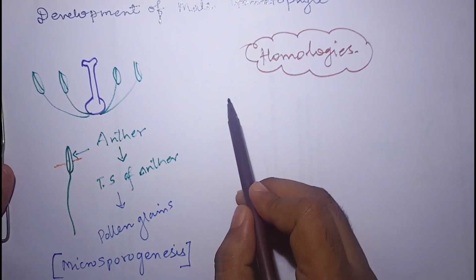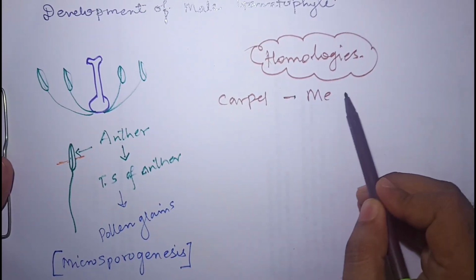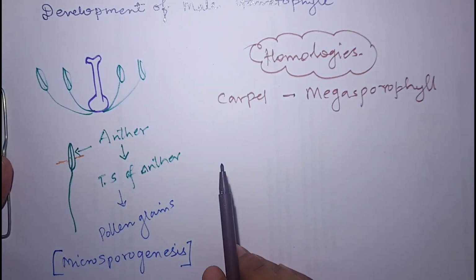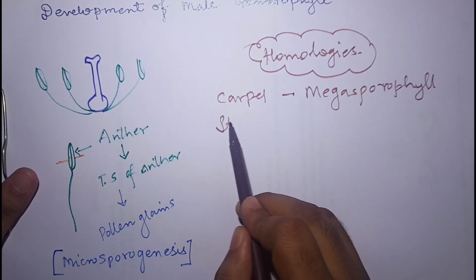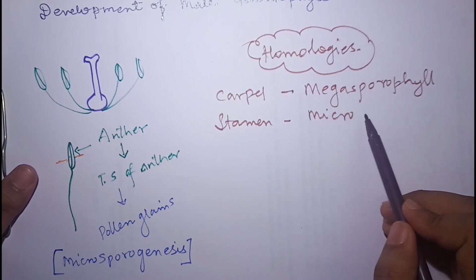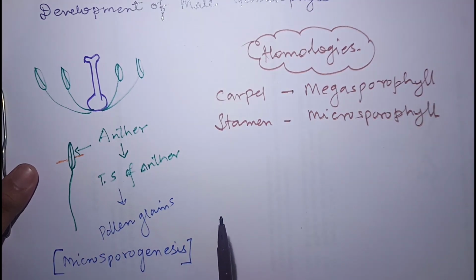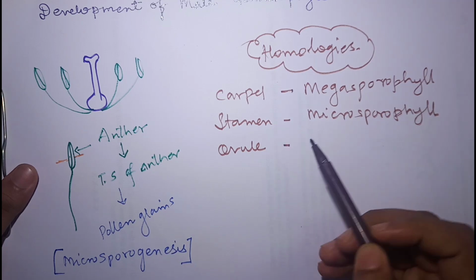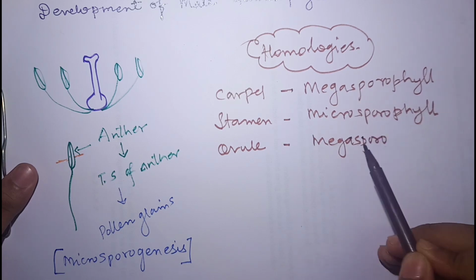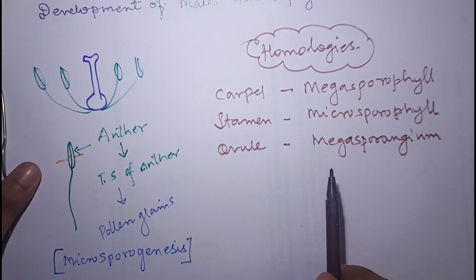For carpel, we are using the term megasporophyll. And for stamen, we are using the term microsporophyll, right? And for ovule, we are using the term megasporangium.